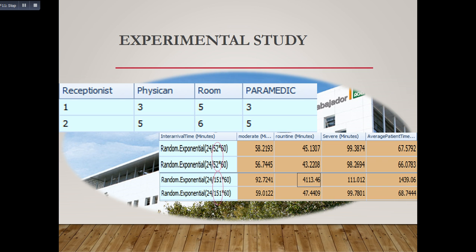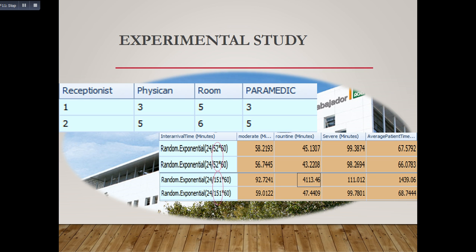They say they will give us two receptionists, five physicians, six rooms, and five paramedics. They ask whether this staff can deal with this number of patients in a day.